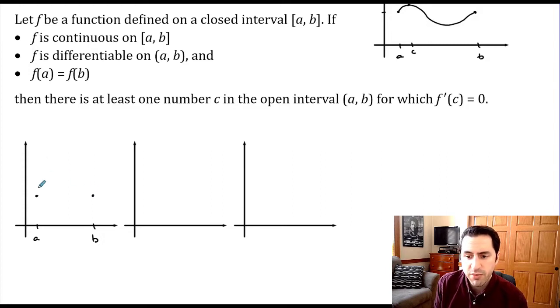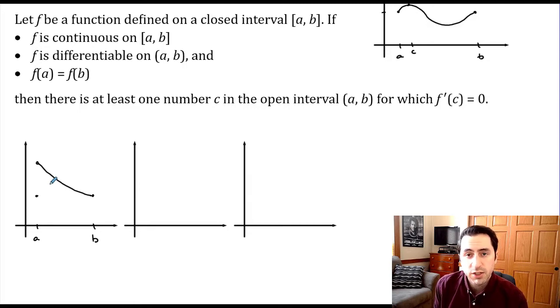So for example, maybe we have an open circle here lined up with a, and then our function just goes straight down, kind of curving into b. So our function isn't continuous at one of these endpoints, and because of that, Rolle's theorem doesn't hold. So as we can see just by the way I drew this, we're not going to have any point in between a and b where we're going to have a horizontal tangent line.